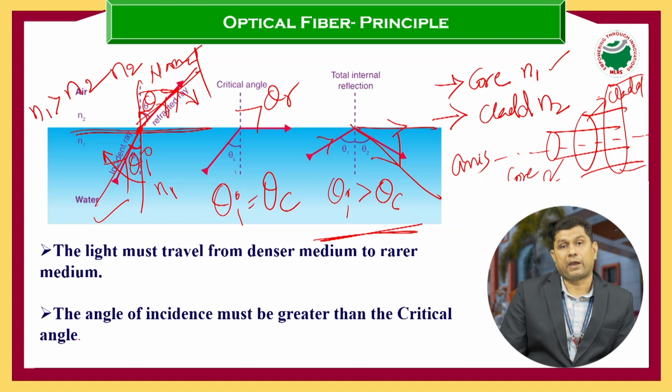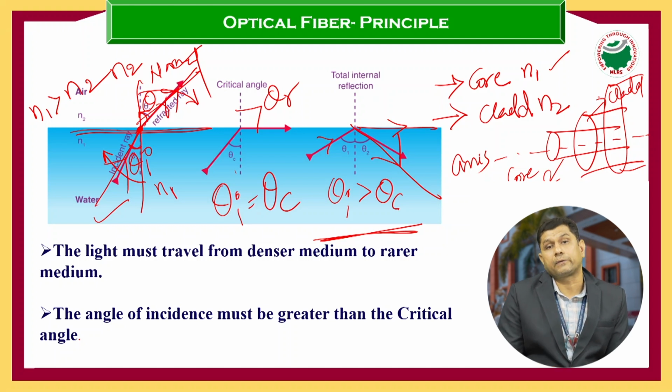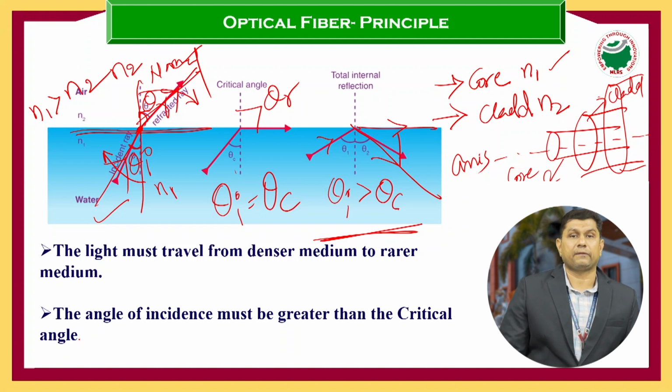This optical fiber carries the signal based on the principle of total internal reflection. To get total internal reflection, the light ray must travel from a denser medium to a rarer medium, and the angle of incidence must be greater than the critical angle.